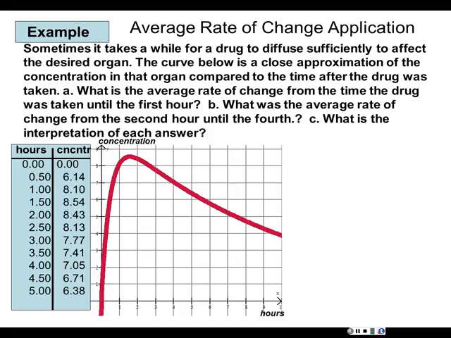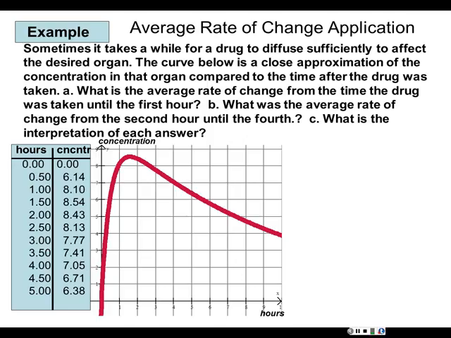So if you find the slope between this point and this point, the slope will be positive. But if you look at the slope here, your answer will be negative, because the second half of the graph is decreasing. So the concentration is decreasing.